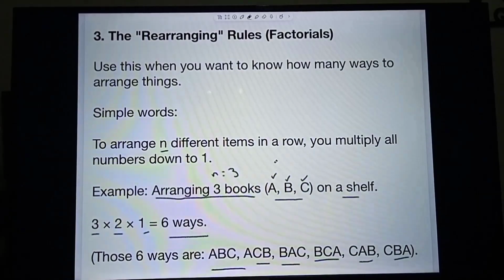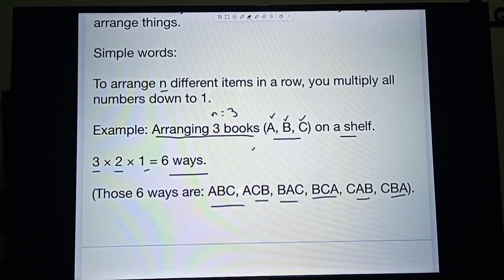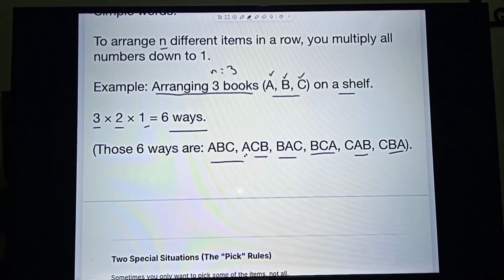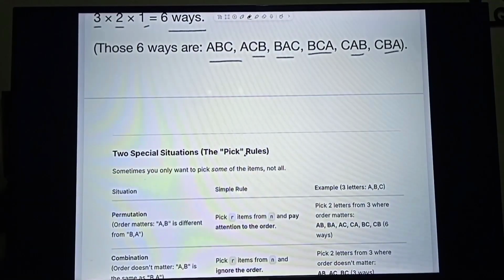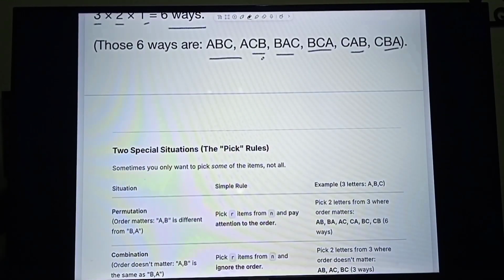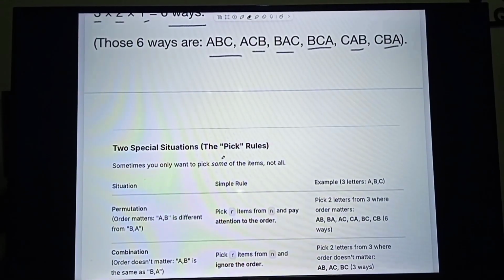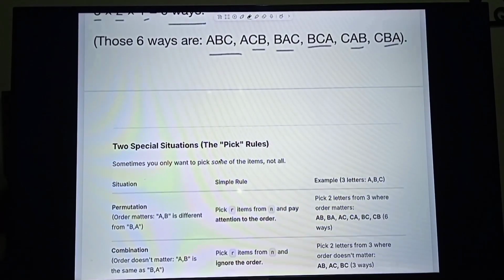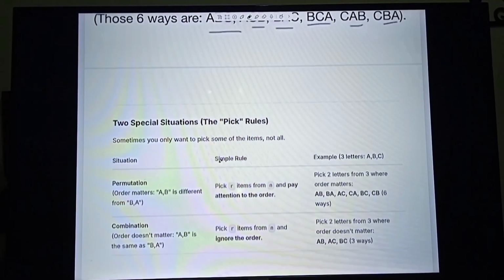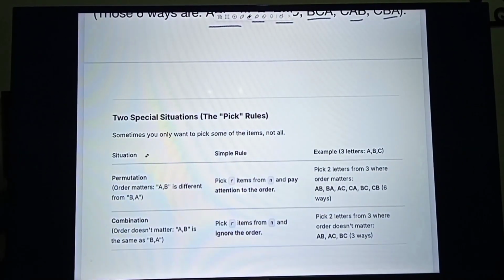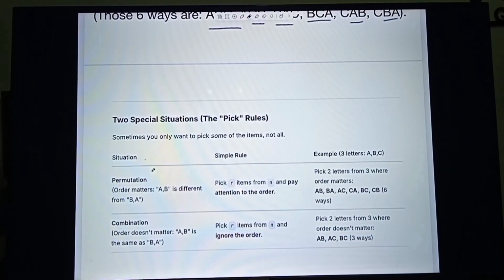Rearranging rules. We arranged all the 3 books in this example. But what if we don't pick all books, or we pick some of it? So when we pick some of it, then 2 situations arise. Whether you are ordering them, or you don't want to order it.